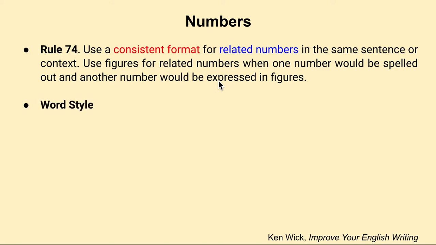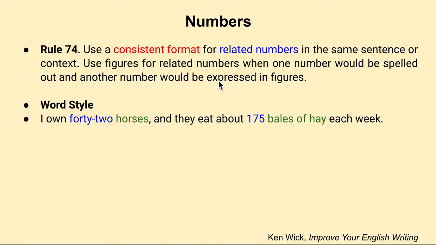So here we have a word style example. I own 42 horses, because remember, anything that can be expressed in one or two words would be spelled out. I own 42 horses and they eat 175 bales of hay. Now, these two numbers are not related. Are these related numbers here in blue?